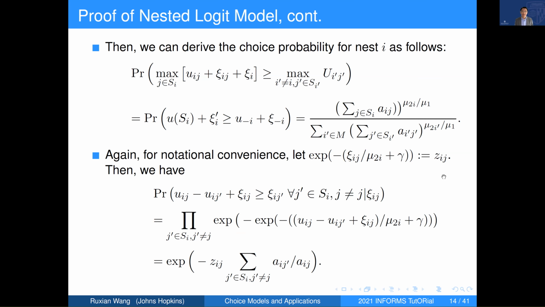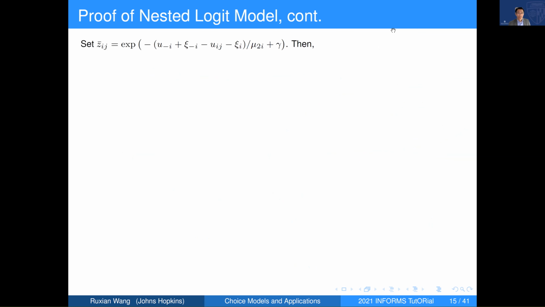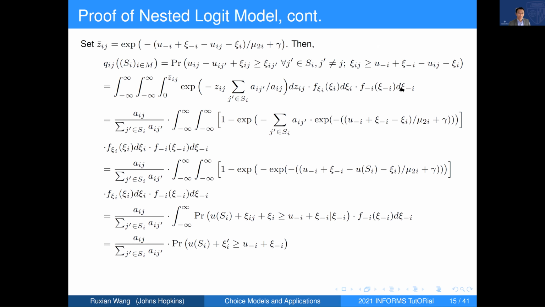All right, here is the mathematical formula, and we can get the choice probability for the nest. Actually, the proof is very similar to the one for the MNL choice model. Here, this part is quite important.